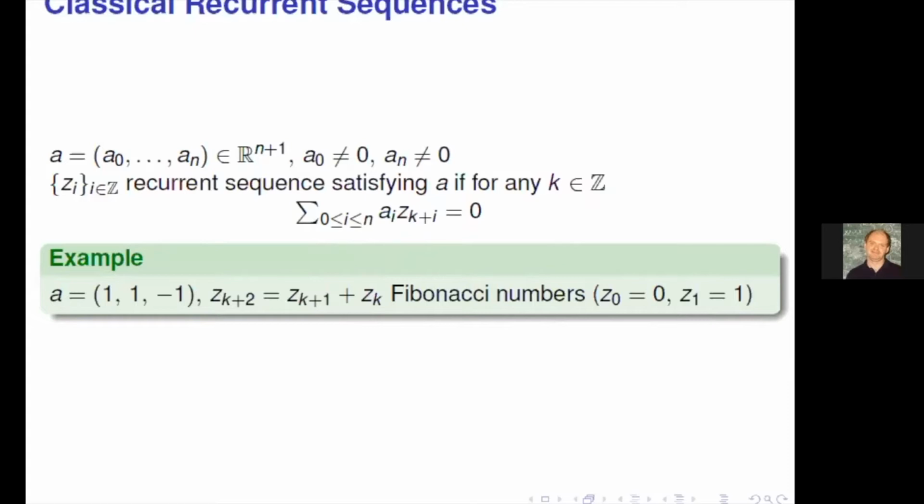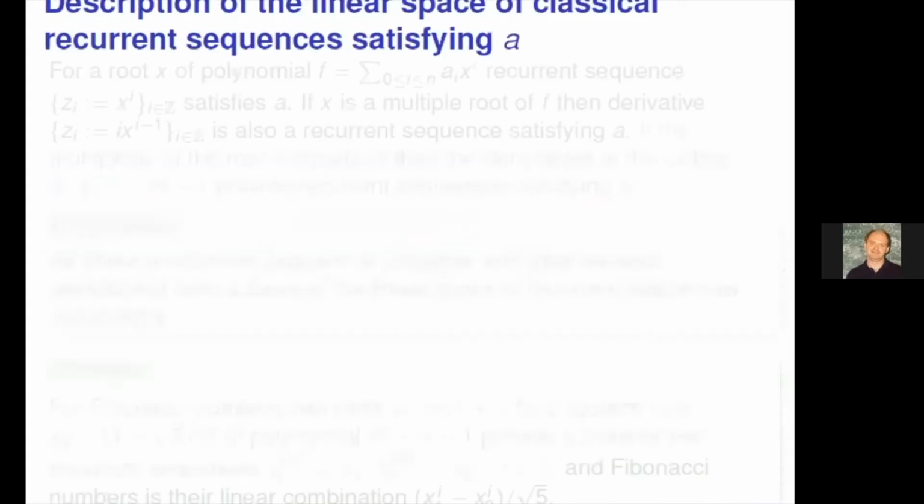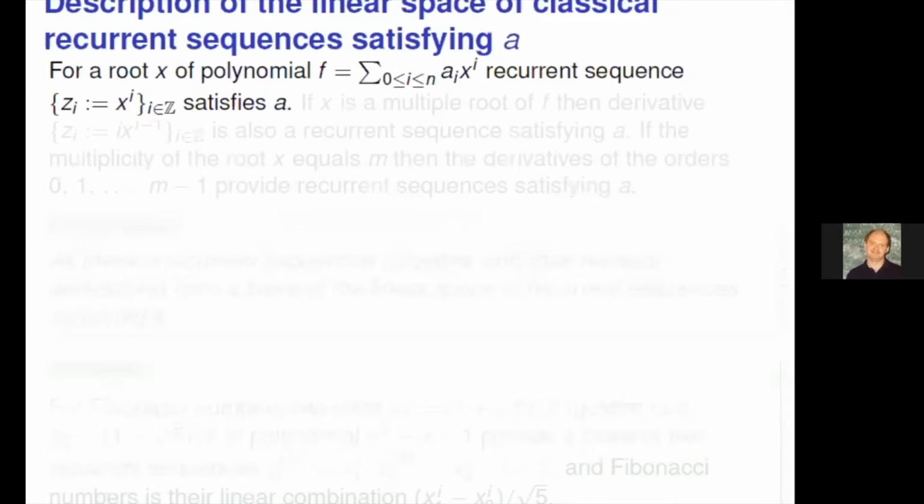Okay, and the description of the linear space of all classical recurrent sequences satisfying A is well known. We define the polynomial with the coefficients being the vector A defining the sequence, and this is sometimes called the characteristic polynomial.